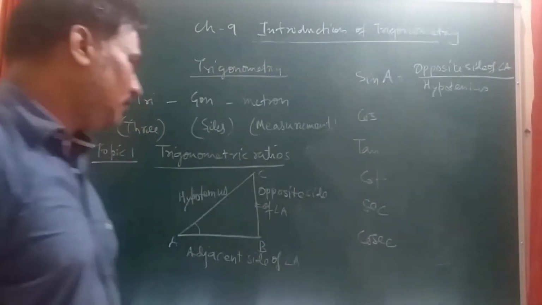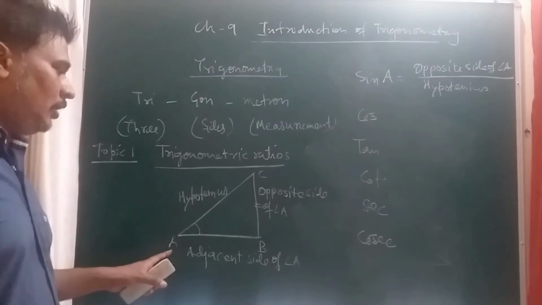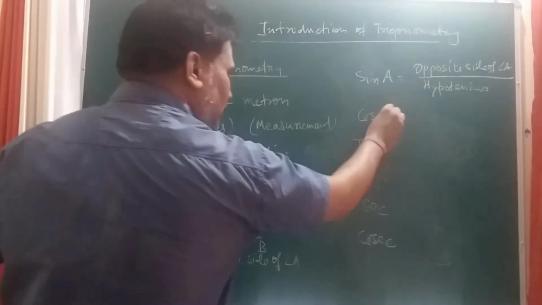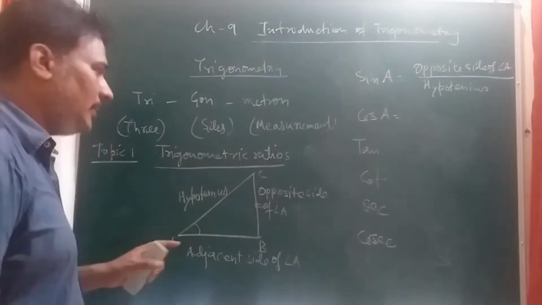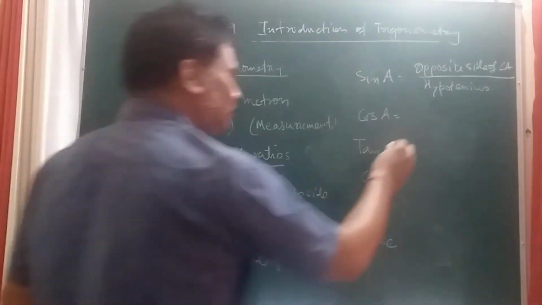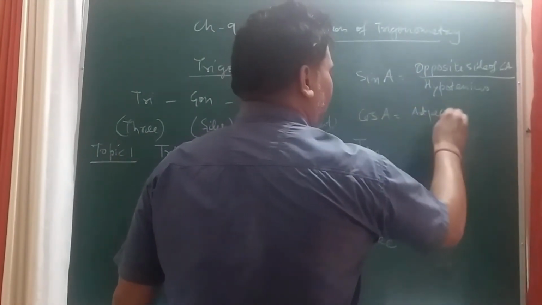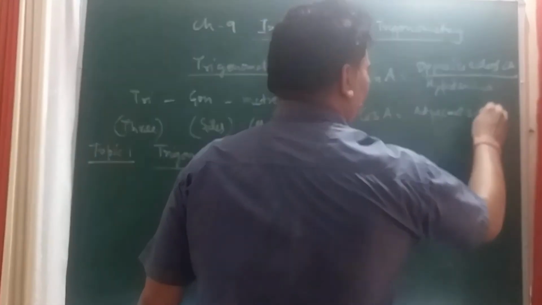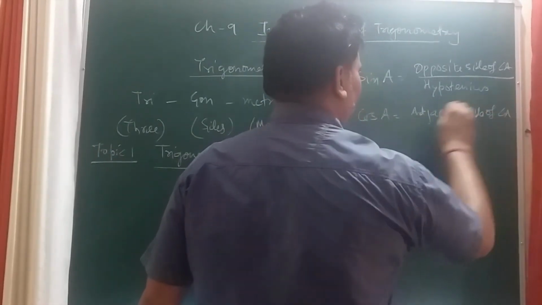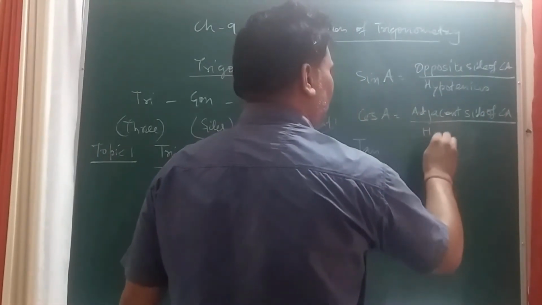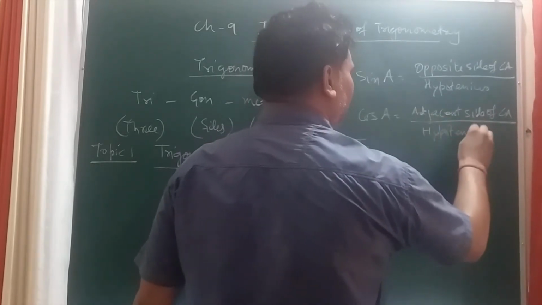If we are talking about cos A, then cos A is equal to the adjacent side of angle A upon hypotenuse.